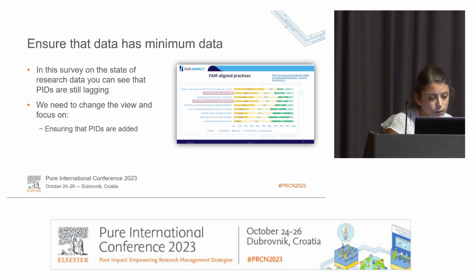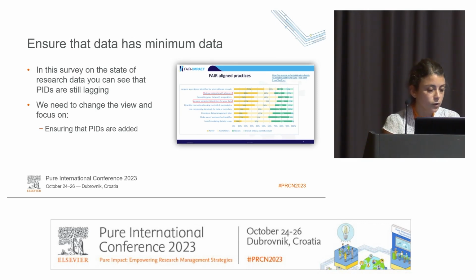What you see in the graph, but again, it's a bit small, is a survey that was done to measure how many people do certain things, yes or no. The first one I have squared in red is how many release a data set with a license.